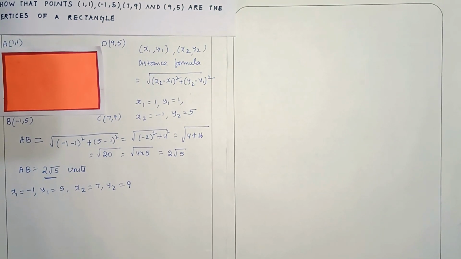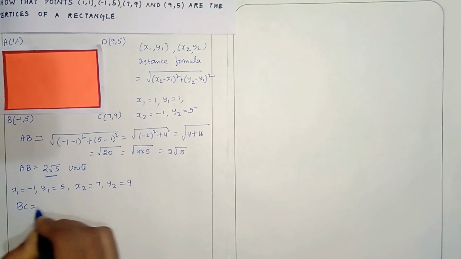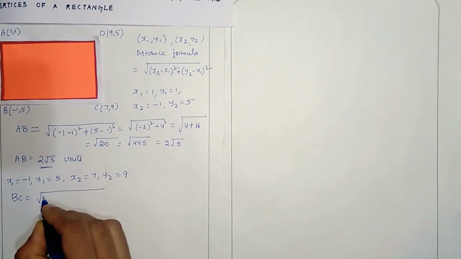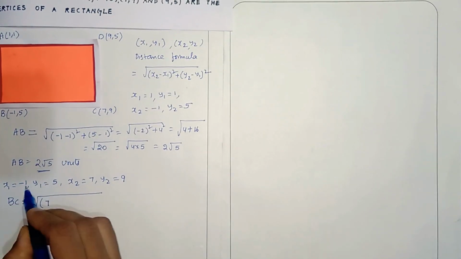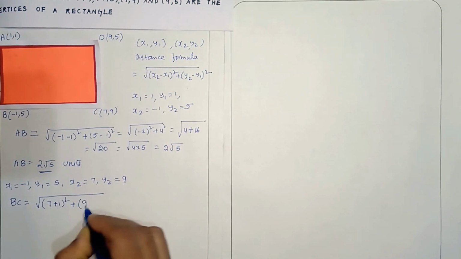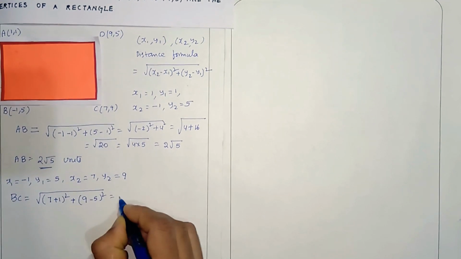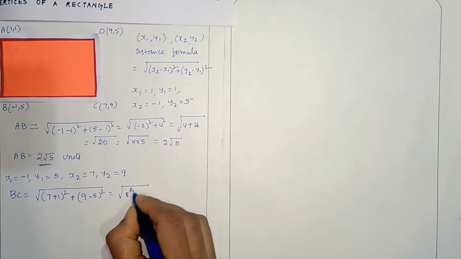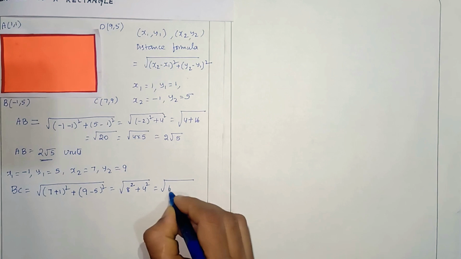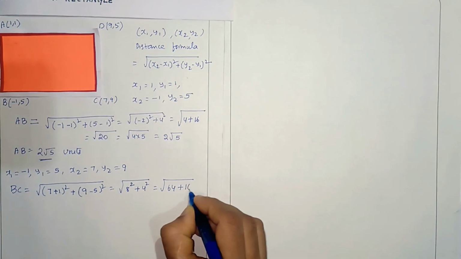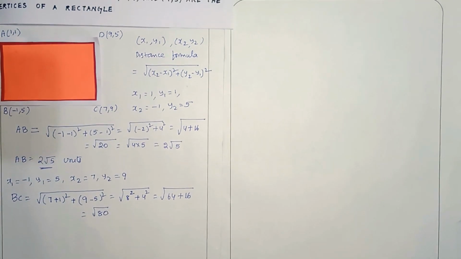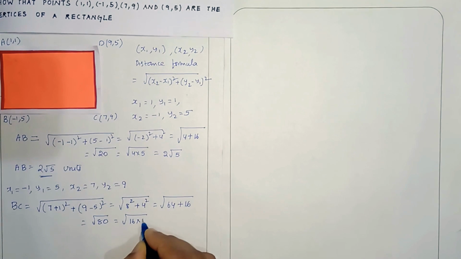Therefore, the length of BC is root of (x2 minus x1) whole square, (7 minus of -1), that is 7 plus 1, 8 square, plus (y2 minus y1), 9 minus 5, 4 square. 8 square is 64, 4 square is 16. 64 plus 16 is 80. 80 can be written as 16 into 5.